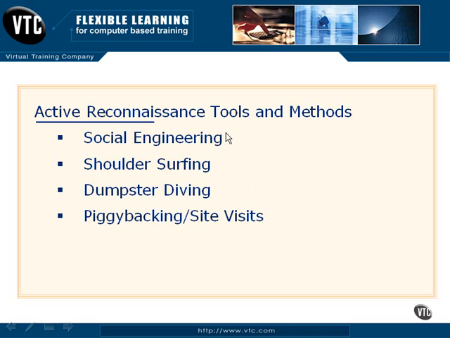Another, probably one of the best tools associated with active reconnaissance is social engineering, which I touched on with the example of walking into the building and requesting a pass to see the CEO, but that actually goes quite a step further. Social engineering can involve finding out where the IT administrator goes after business hours. Maybe there's a particular bar or restaurant that this person goes to.